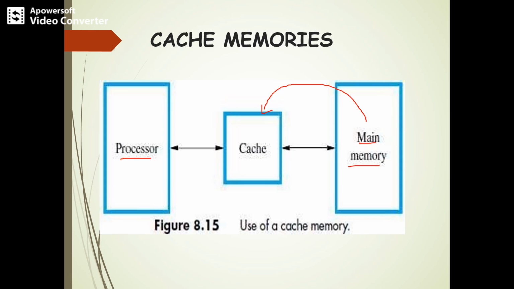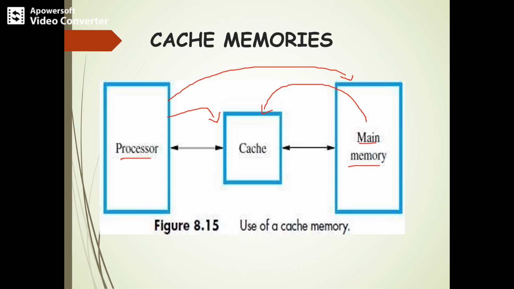Instead of the processor accessing the main memory directly, the processor can access the information from the cache. That is how we can consider cache memory while executing any set of instructions.